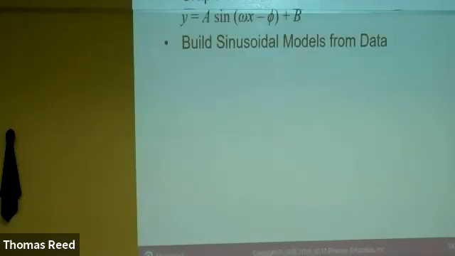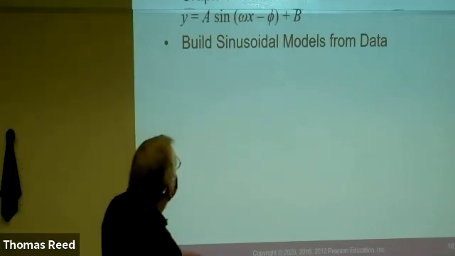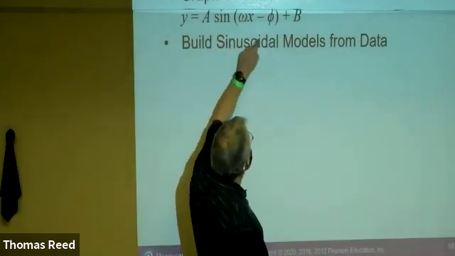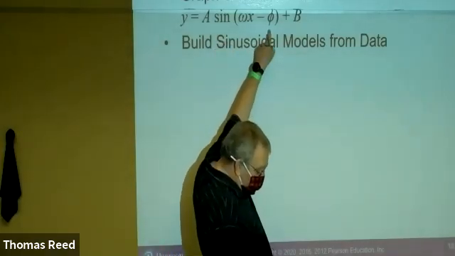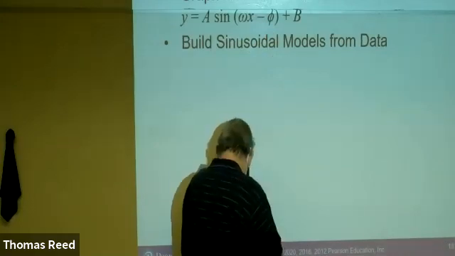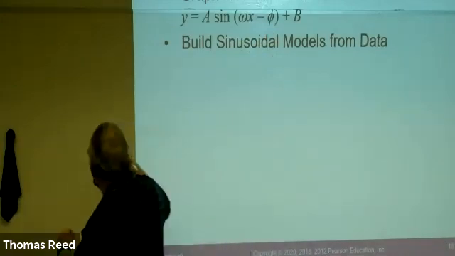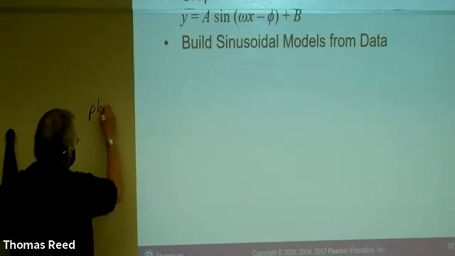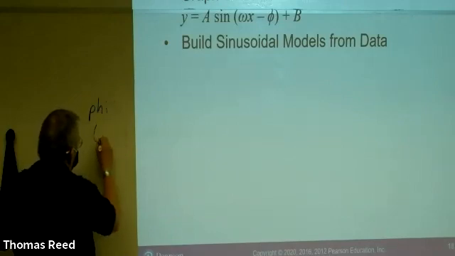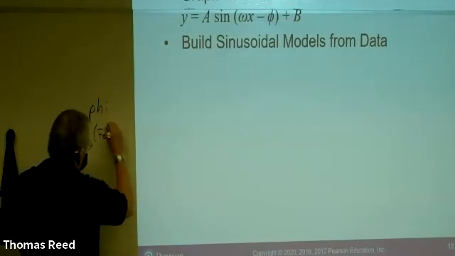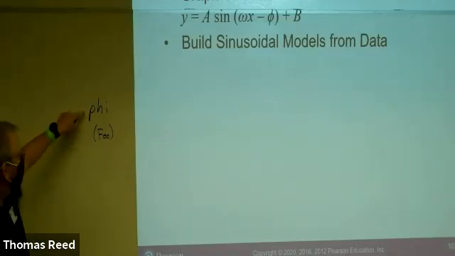Okay. So the graph of sinusoidal equations, where now we add this thing. This is the Greek letter phi.